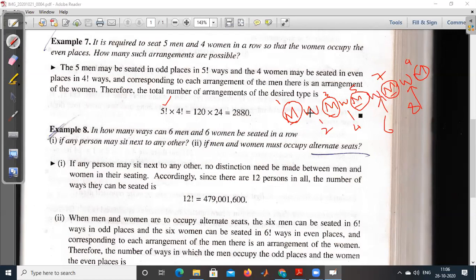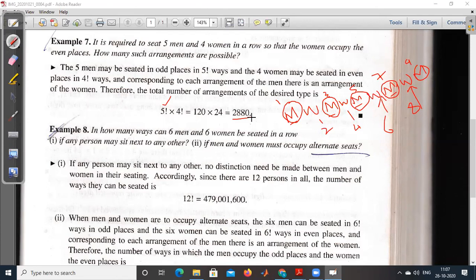Which woman sits in which place, internally we can make 4 factorial different arrangements. So 5 factorial into 4 factorial equals 120 into 24, that equals 2880. Students, have you understood? Do you have any doubt regarding this?